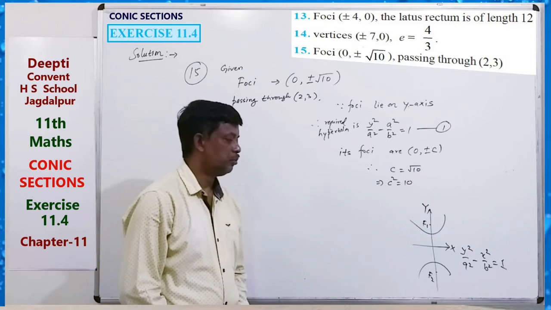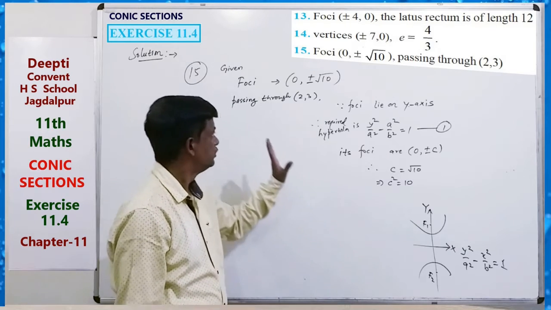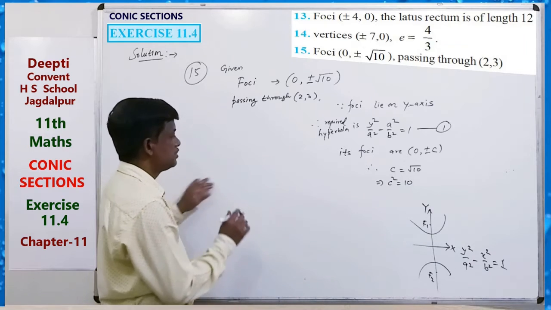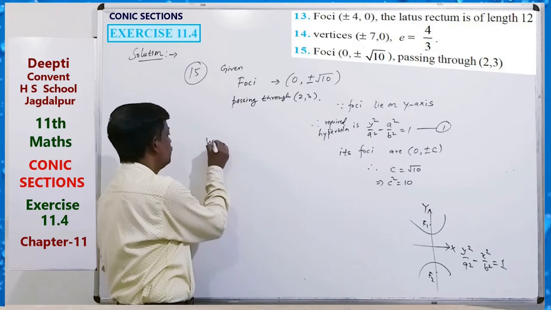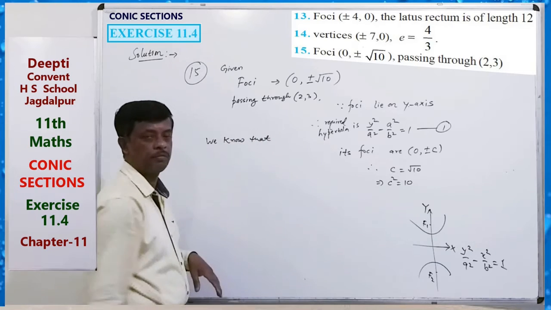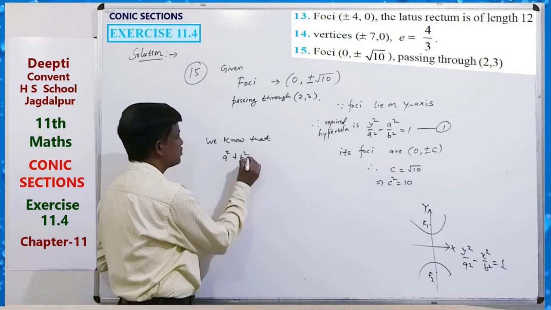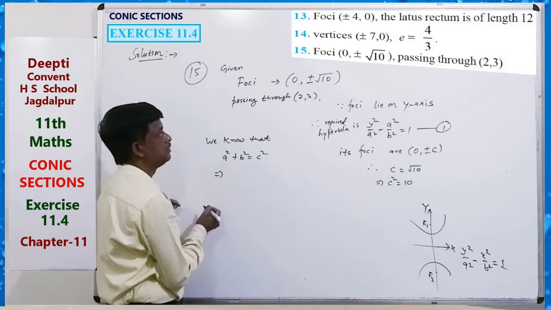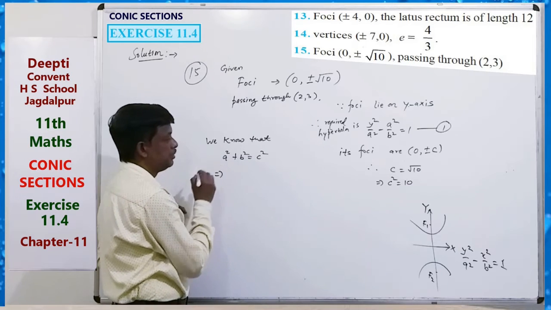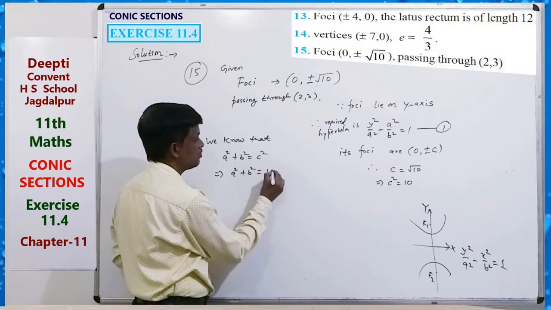Now, we have to find the hyperbola that is passing through this point, which is given. Now, since we know that a square plus b square equals c square, from here we can write a square plus b square equals c square, which means 10.